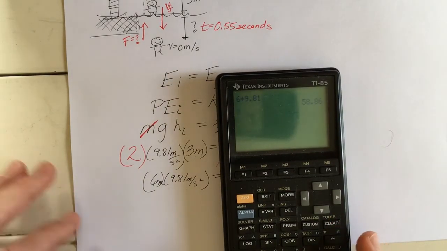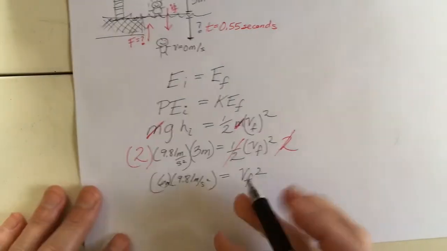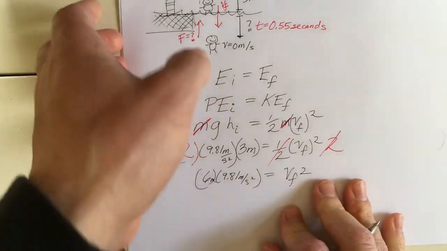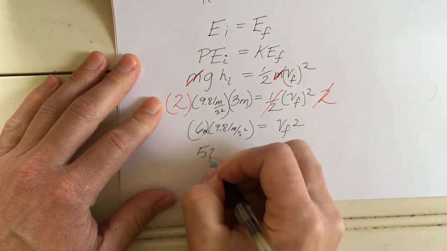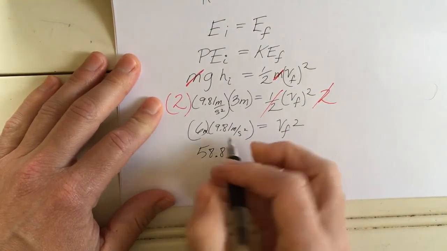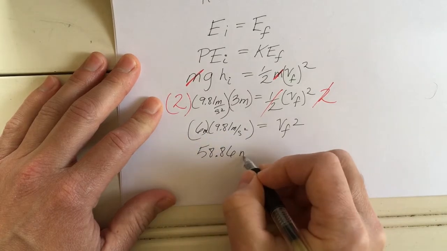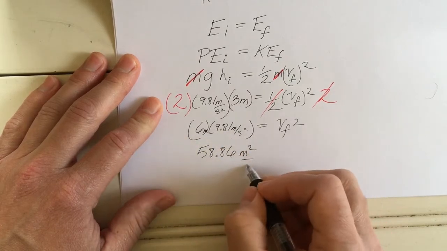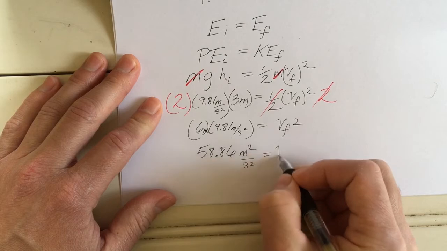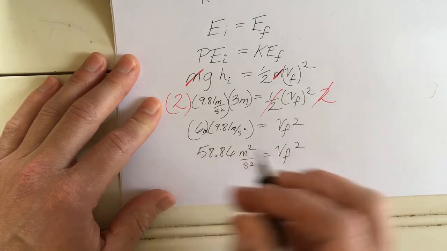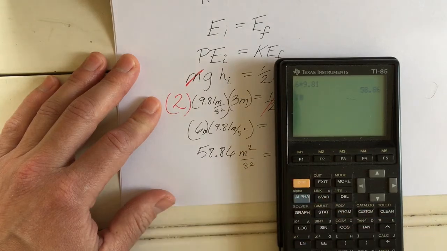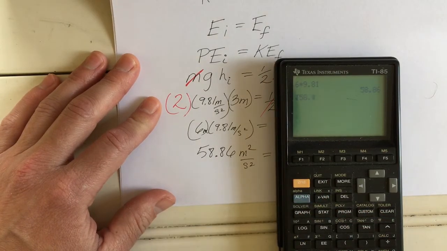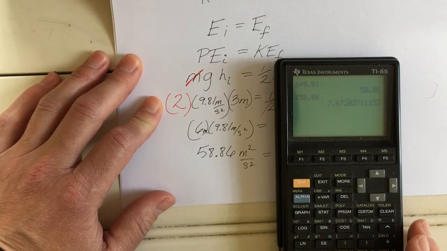It's giving us 58.86. Units: meters times meters per second squared is meters squared over seconds squared, which makes sense because we have to square root this. So we'll take the square root, or the radical, of 58.86, and that gives us 7.67.